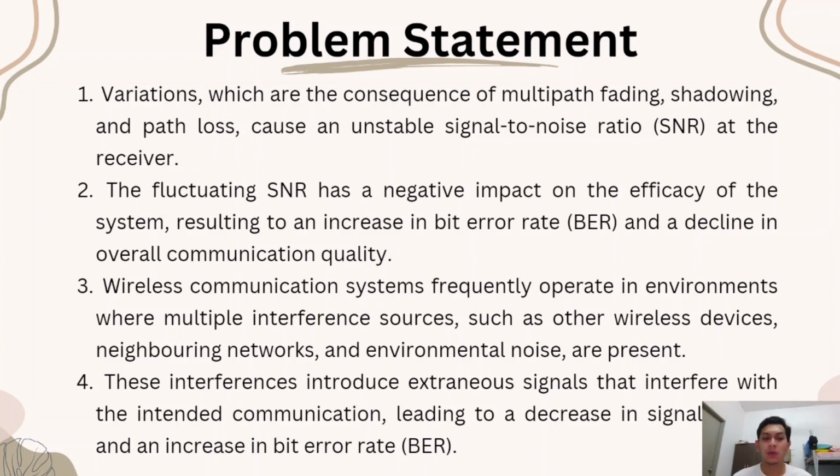The third one is that wireless communication systems frequently operate in environments where multiple interference sources, such as other wireless devices, neighboring networks, and environmental noise, are present. And the last one is that this interference introduces extraneous signals that interfere with the intended communications, leading to a decrease in signal quality and an increase in bit error rate, which is BER.